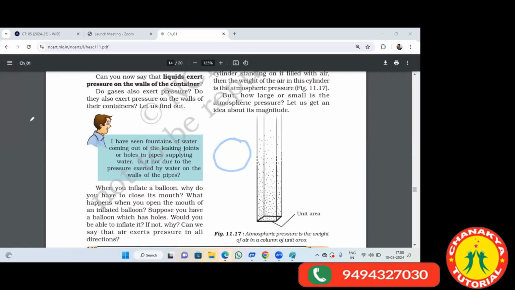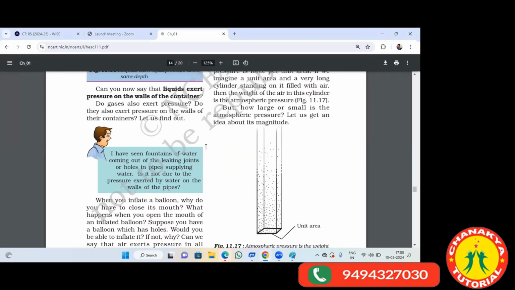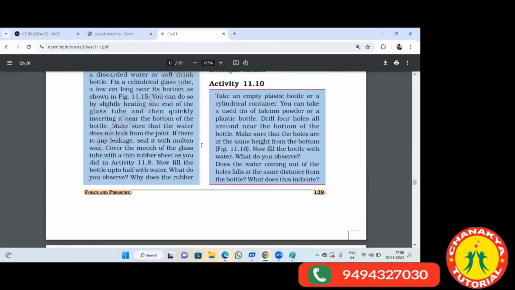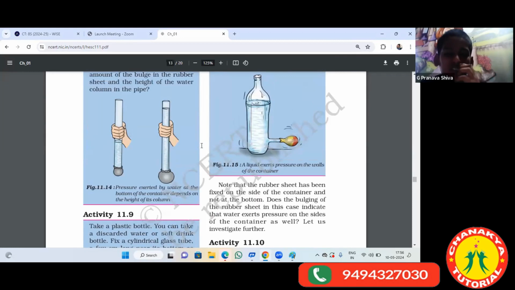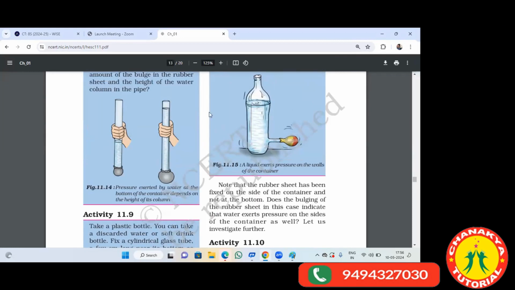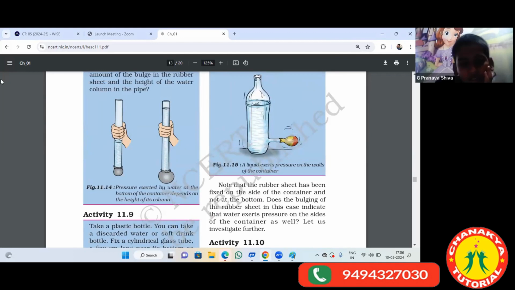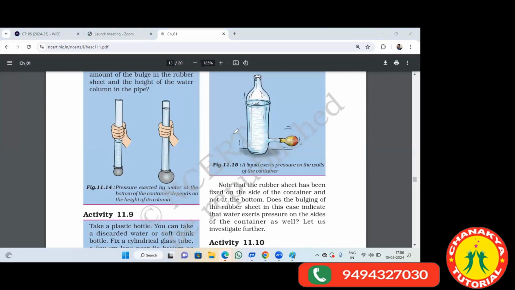Okay, the water and balloon example. Just one minute, let me show you again. See, in this activity, we want to show that water or any liquid exerts pressure on the walls of the container.